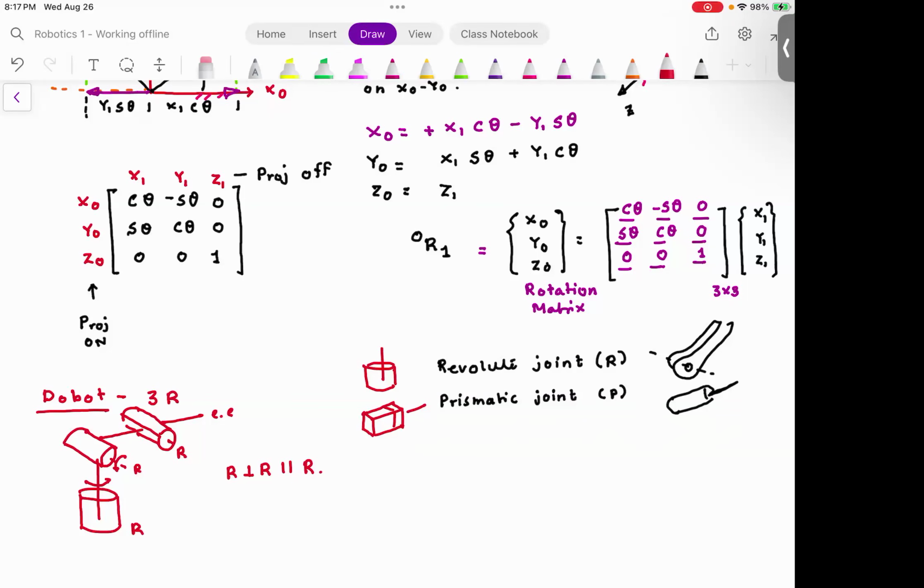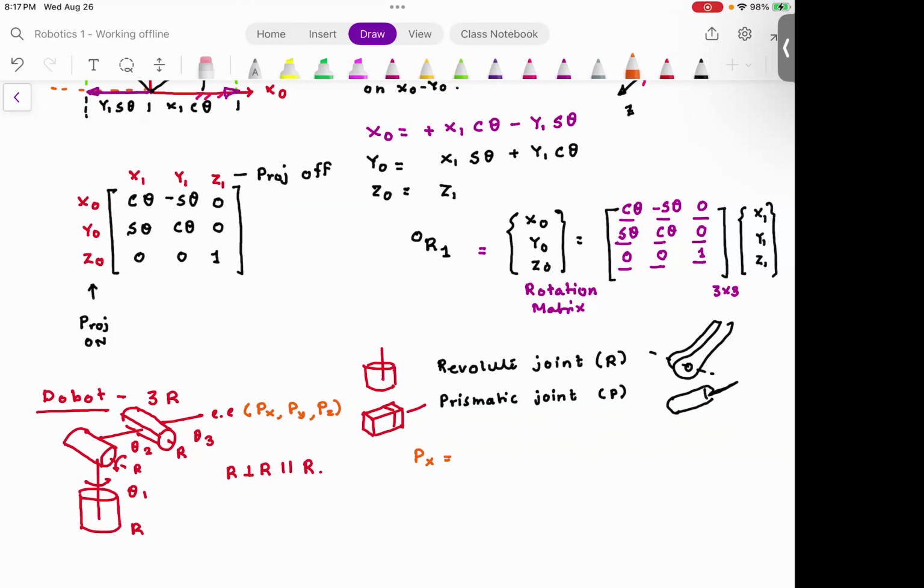You would substitute the value of θ1, the value of θ2, and the value of θ3. And you will find Px, which is the position of the end effector in X, Py, the position of the end effector in Y, and Pz, the position of the end effector in Z.